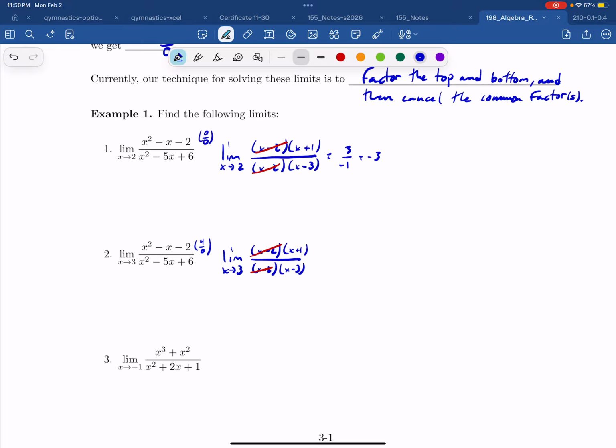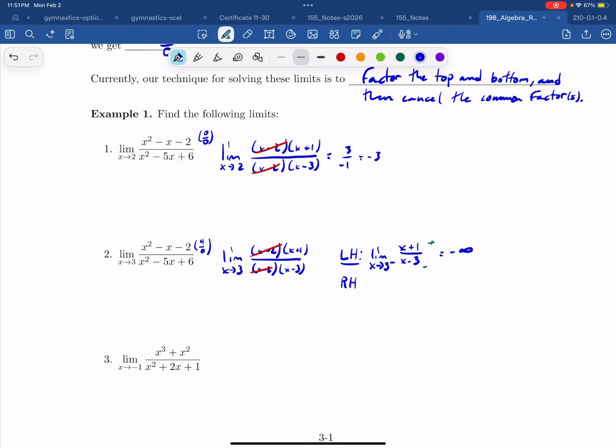You could keep it the way it is, but I would still recommend canceling out the common factor. It just makes things a little bit easier. In this case we have to do the left-hand, right-hand gig. Left-hand: limit as x approaches 3 from the left, and we can use the reduced fraction, which I would strongly recommend. It's just easier. Now the top is positive, the bottom is negative, and we get negative infinity.